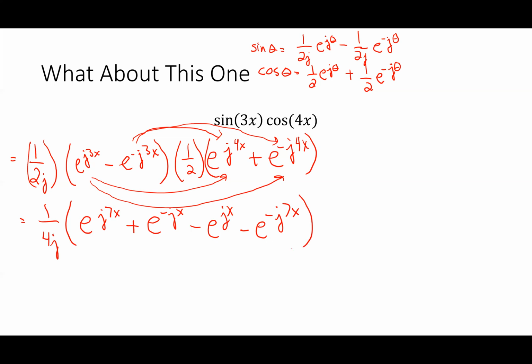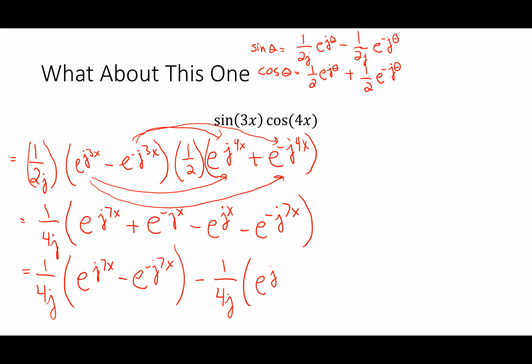And then what I did last time is I grouped the terms. I have 1 over 4j times e to the j 7x minus e to the minus j 7x, and I also have minus 1 over 4j times e to the jx minus e to the minus jx.